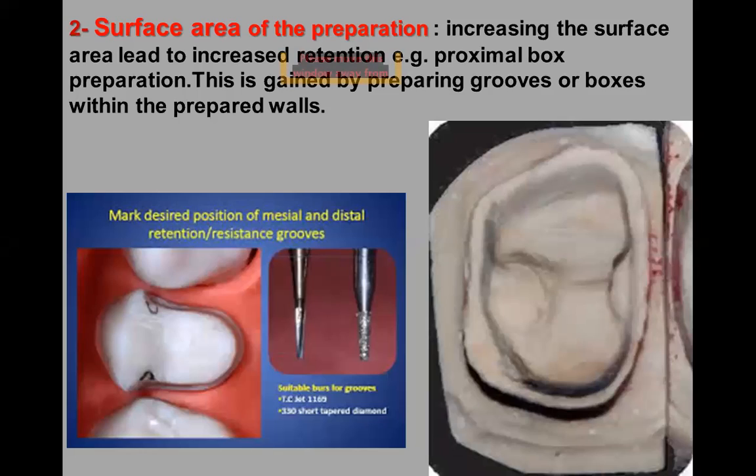We can do proximal boxes or proximal retentive grooves, and this will increase the surface area of the preparation. It leads to more retention because we create new dimensions of walls inside the box or the groove.